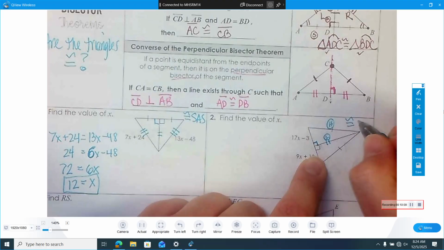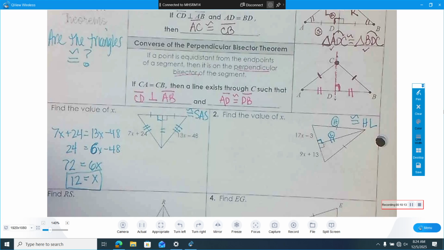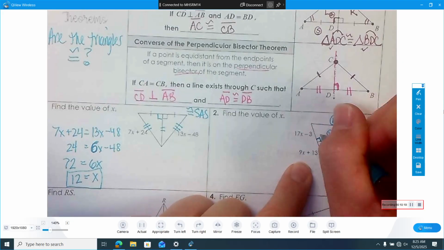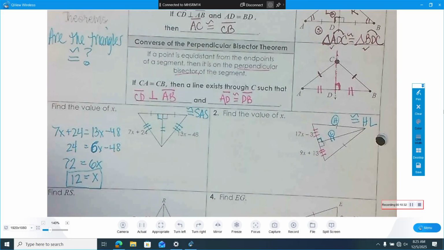This is congruent by HL. Very good. Now, if we're congruent by hypotenuse leg, then we also know these bottom legs are also going to be congruent by CPCTC, congruent parts of congruent triangles are congruent.